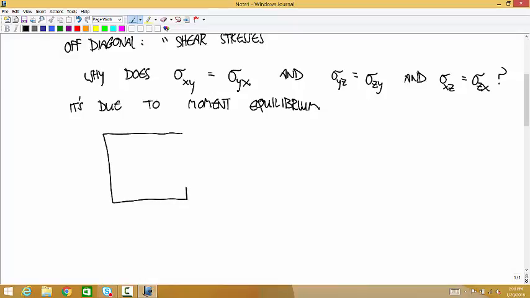So if you think of a block like this, if you have a force going this way, you have to have a force going this way, a force going this way, and a force going this way.